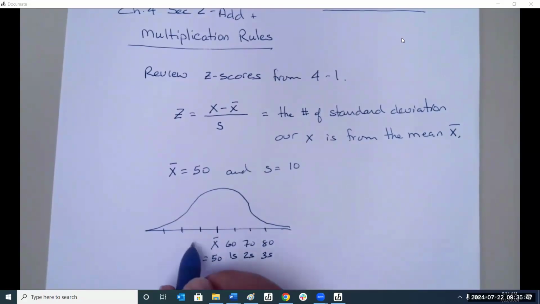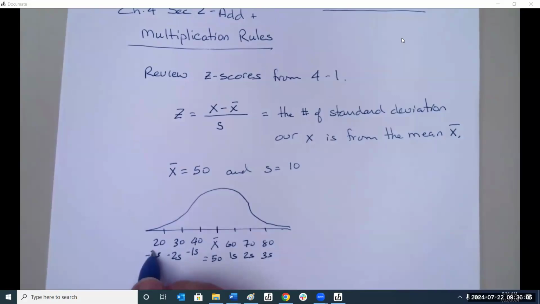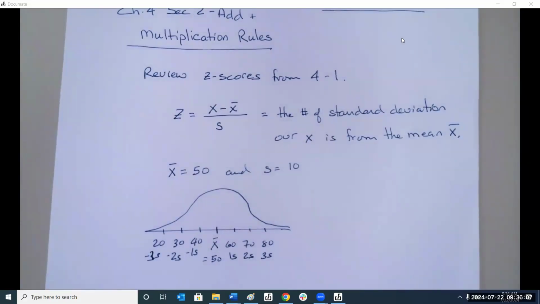So 50 minus 10 is 40, that's -1 standard deviation. 40 minus 10 is 30, that's -2 standard deviations. And 30 minus 10 is 20, that's -3 standard deviations, I'm sorry. So far, so good. From the mean, we add 10 each standard deviation, and subtract 10 as we go to the left.